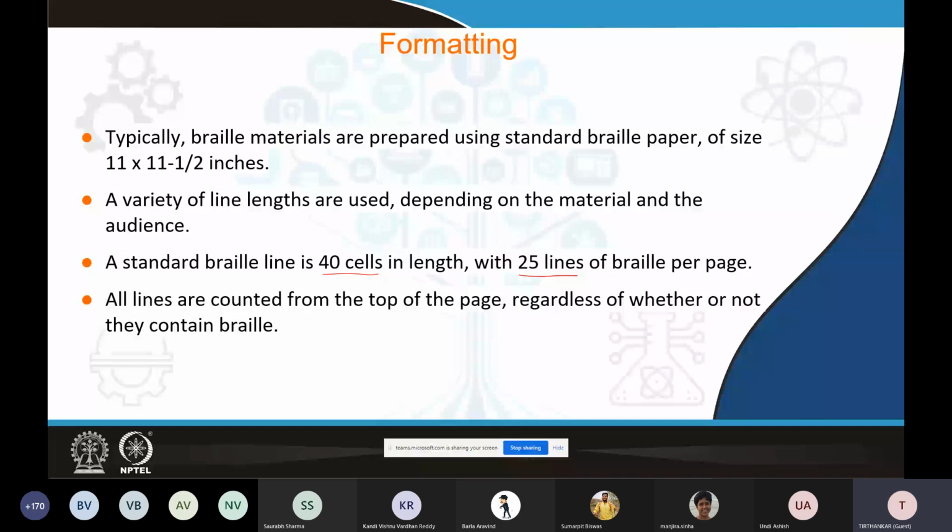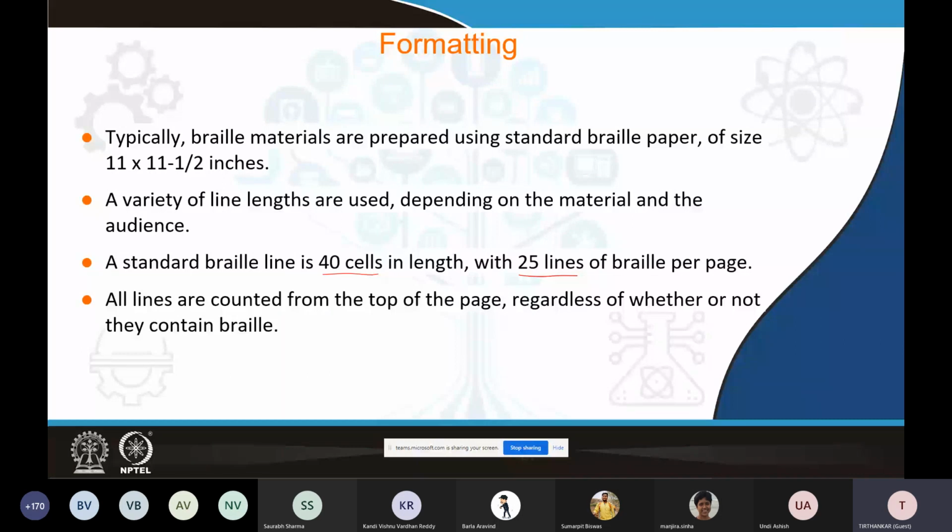We cannot have more than 25 lines per page, and we cannot have more than 40 cells in a single line. So this is a convention. This is widely followed in almost all the blind communities across the world.